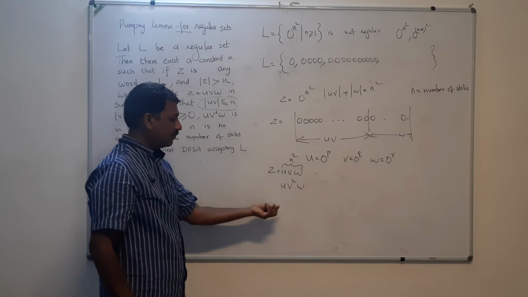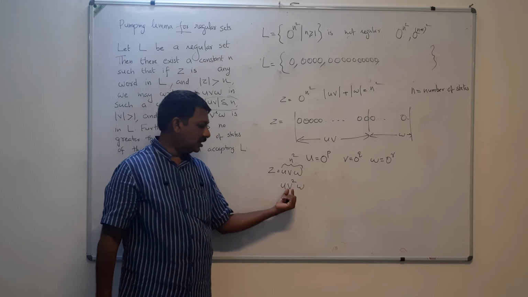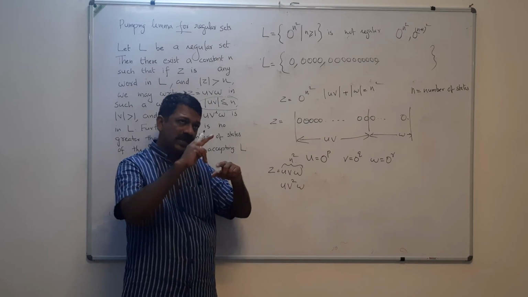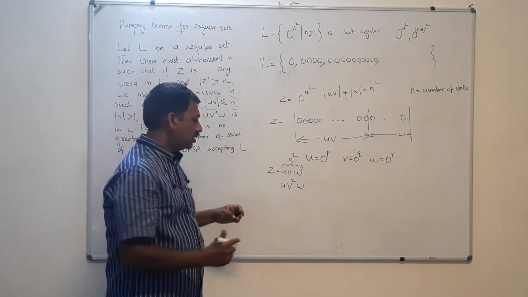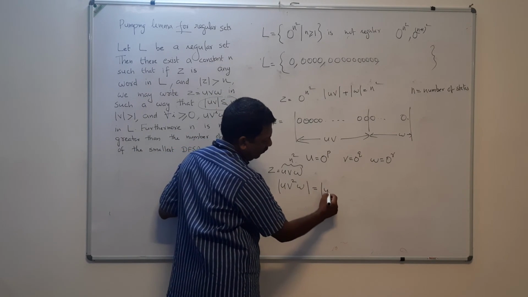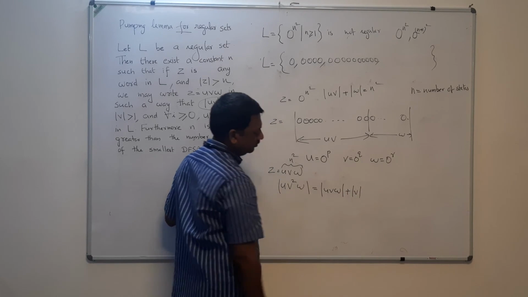That means suppose that this is the pumping location. It should accept u v square w. That means that portion has to be repeated. And the length of this u v square w is length of u v w plus length of v.